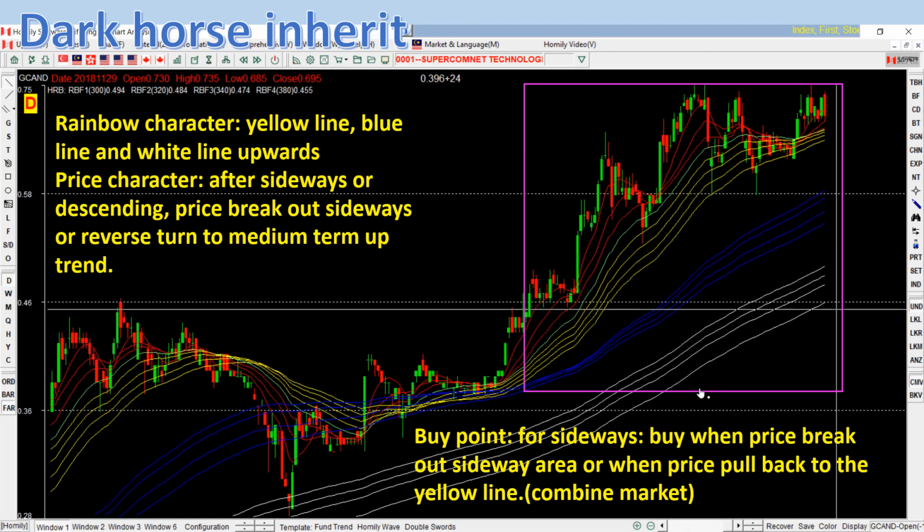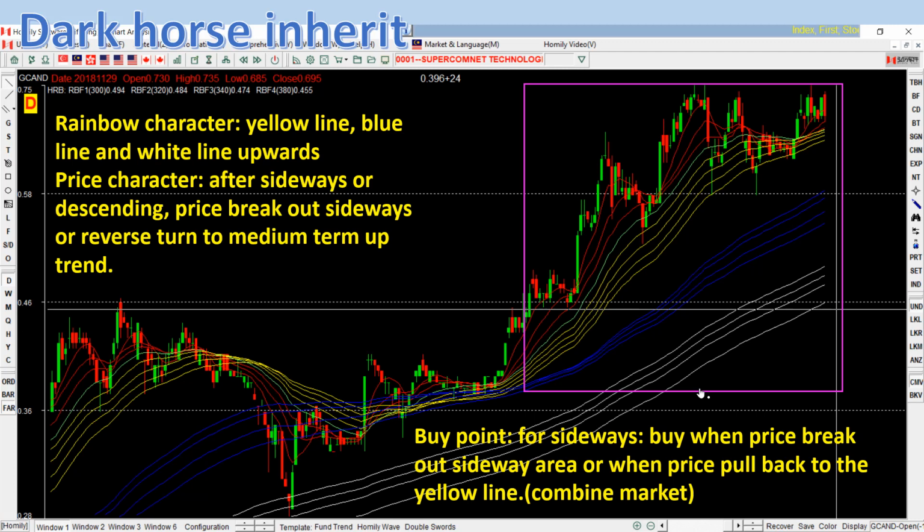Dark horse in period. The Homing Rainbow character is that the yellow line, blue line, and white line go upwards. The price character is that after sideways or descending, the price breaks out of the sideways or reverses, turning to a medium-term uptrend. So here will be a rise process.